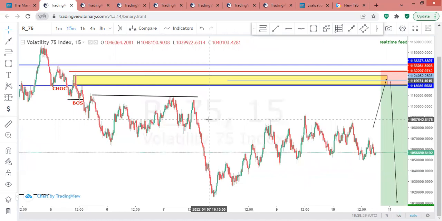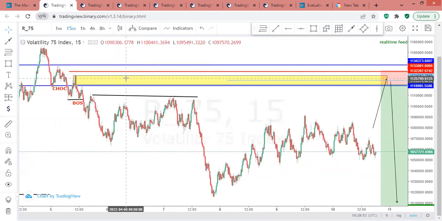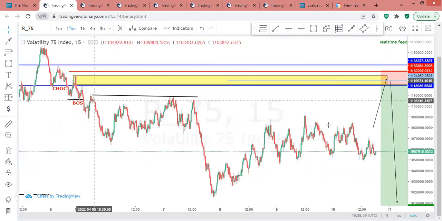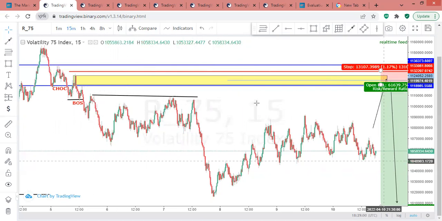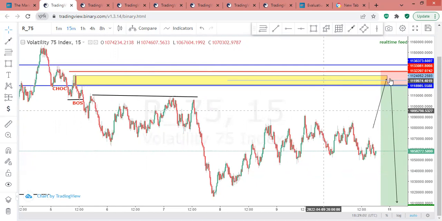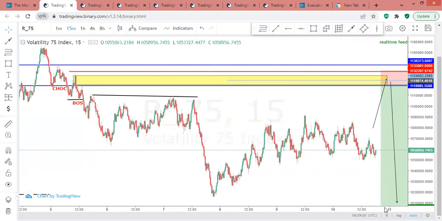My perfect setup when I'm looking for entries, I like to see a situation whereby liquidity is engineered very close to my POI, my point of interest, which is this supply area here. I have liquidity, so I expect price to come, clear out this liquidity, tap into my supply area, then start dropping to the downside massively.